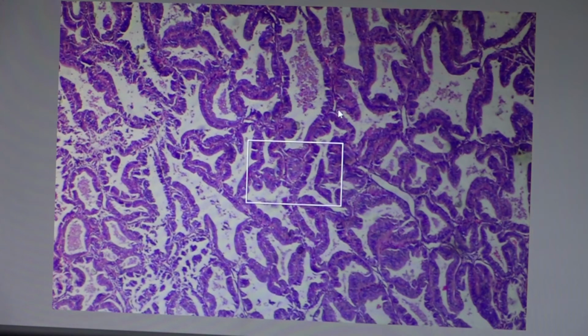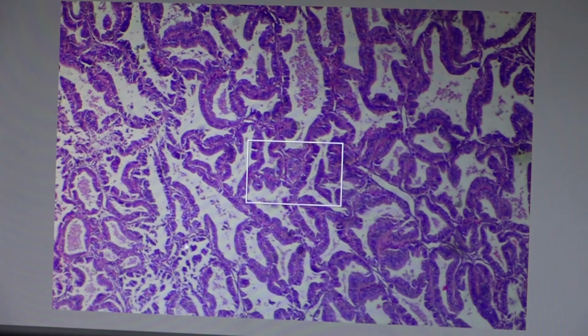Pleomorphism, hyperchromatism also seen here in all these cells, forming a well-differentiated glandular pattern. This is well-differentiated endometrioid. It's called endometrioid or endometrial carcinoma. All the features of the malignancy are here. This is not benign, this is malignant.